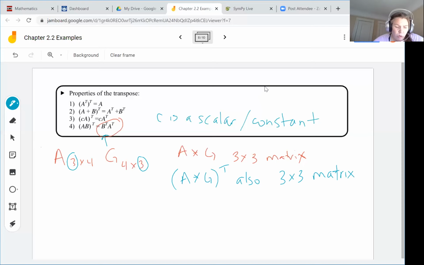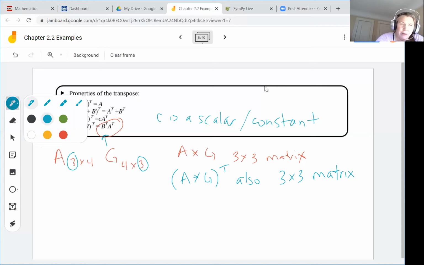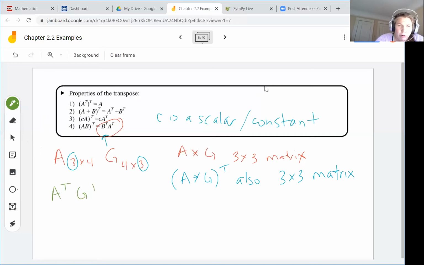All right, so let's think about the second side of this. If we are calculating A transpose times G transpose, if we just went in the normal order, well, A transpose is a 4x3 matrix, and G transpose is a 3x4 matrix.